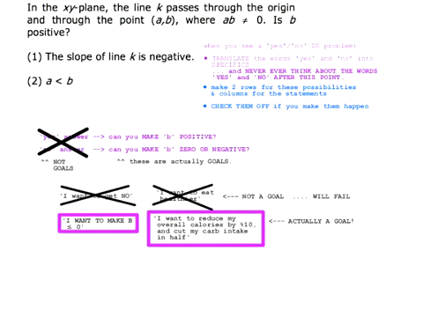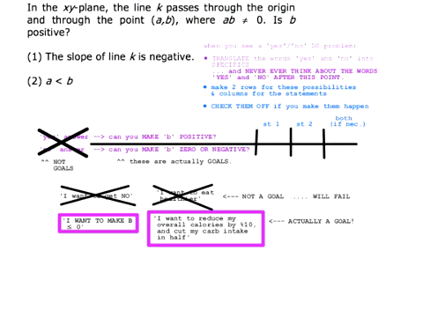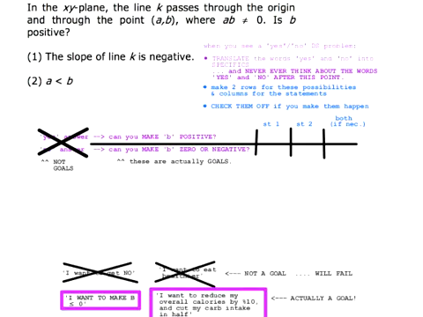Can you make B positive? That gets a row. And can you make B 0 or negative? That gets a row. Statement 1 gets a column. Statement 2 gets a column. And then if necessary, both of them.